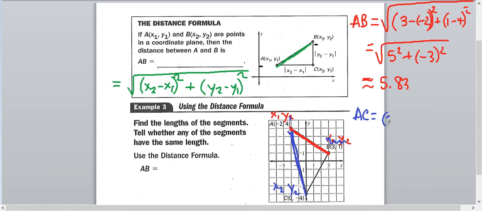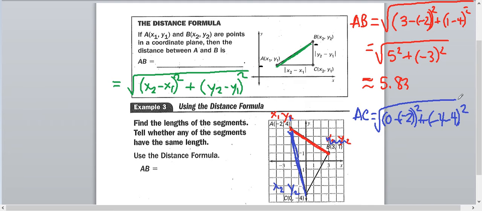So it's 0 minus a negative 2 squared. And then the difference in my y's, which is negative 4 minus 4 squared. And then I take the square root of the whole thing.